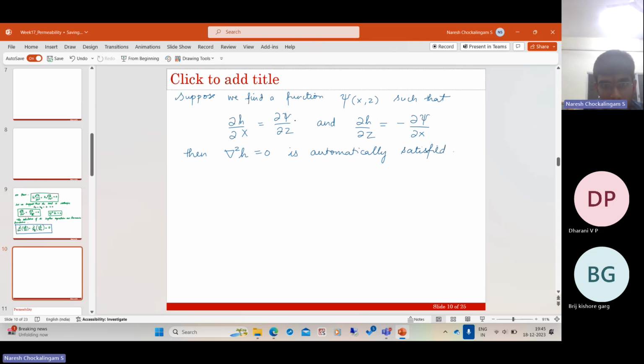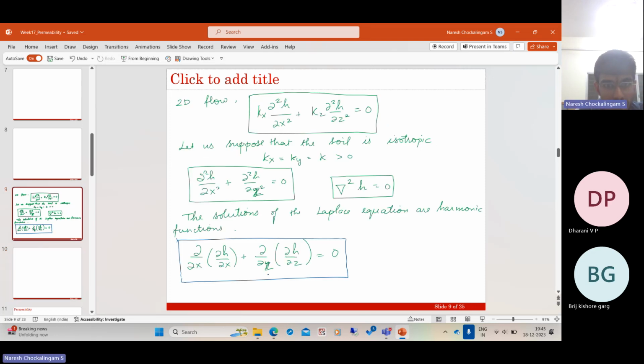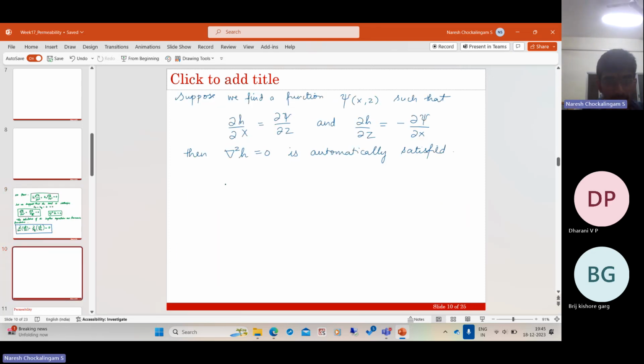If psi and h are related by these relations, then this equation is automatically satisfied.